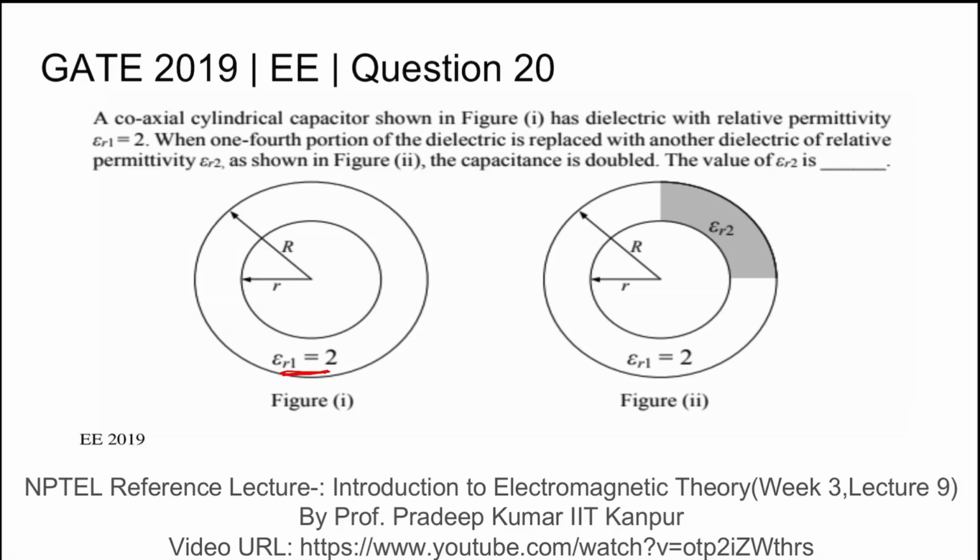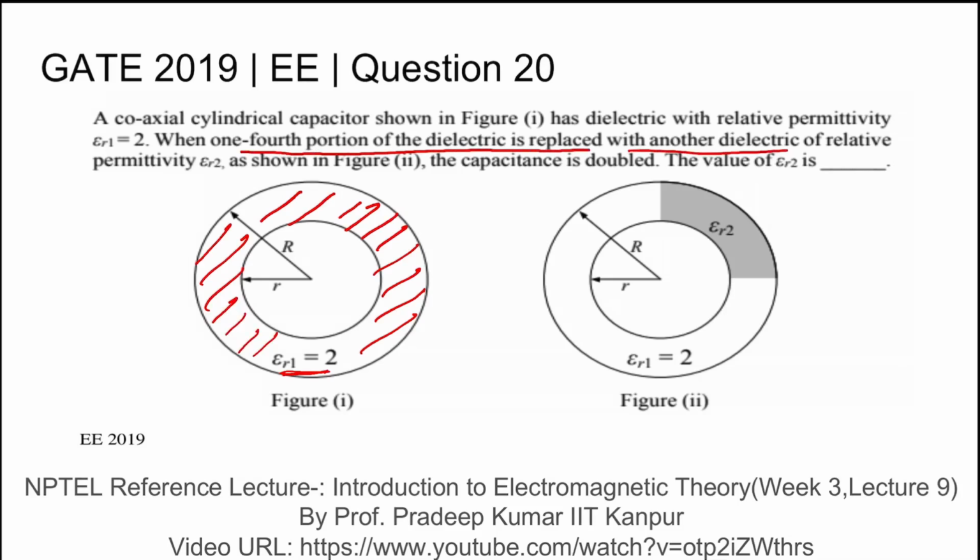with this material with relative permittivity 2. It is given in the question. Now it is said that 1/4 of the dielectric is replaced with another dielectric of relative permittivity. So 1/4 portion is replaced by another material whose relative permittivity is epsilon R2, and the remaining is as it was in the previous case.